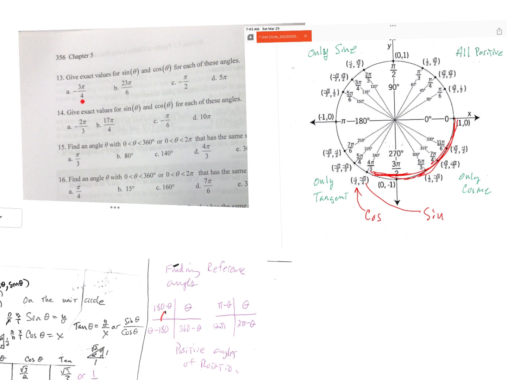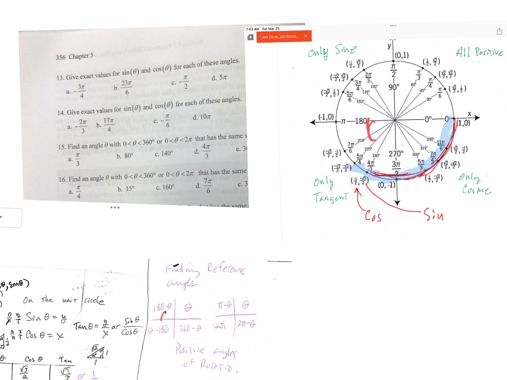So in this case, the reference angle is pi over 4. This red one is from another thing I just posted. Here, let me do blue. So negative 3 pi over 4 is going to end right here because that has a reference angle of pi over 4, 45 degrees, right?